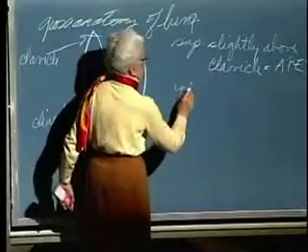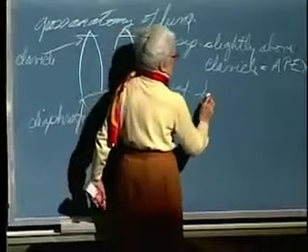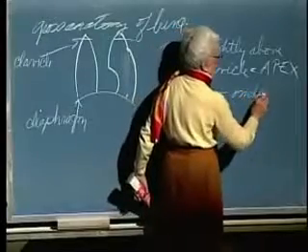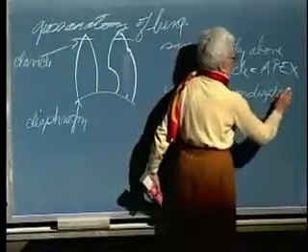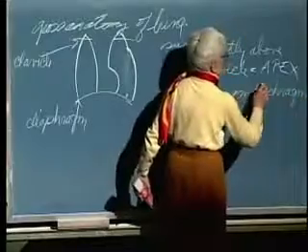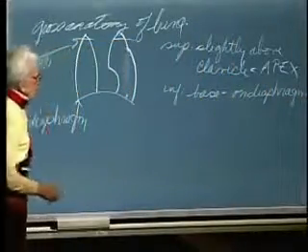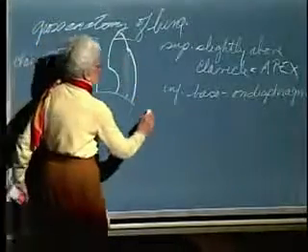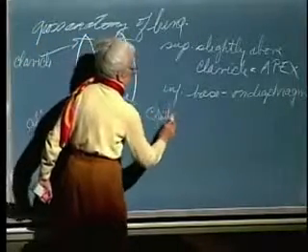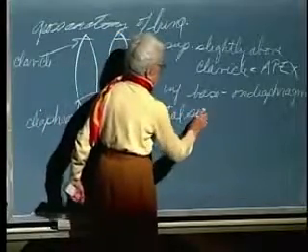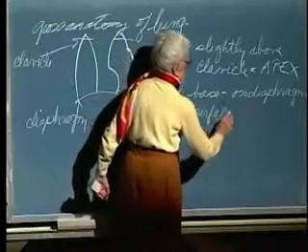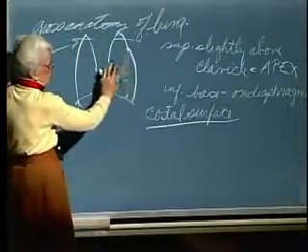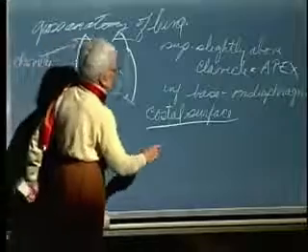And inferiorly, the base is on the diaphragm. We have two surfaces. We have the costal surface, and the costal surface then will be against the ribs and the intercostal muscles.